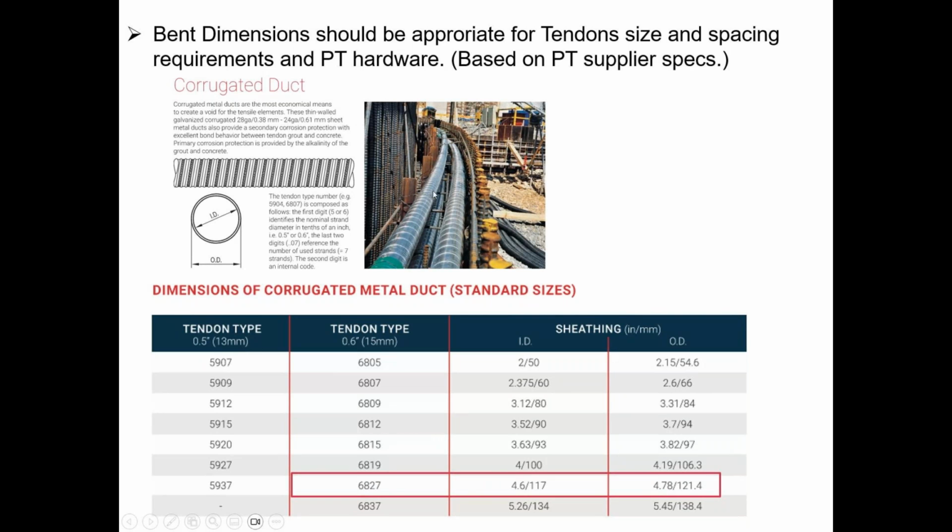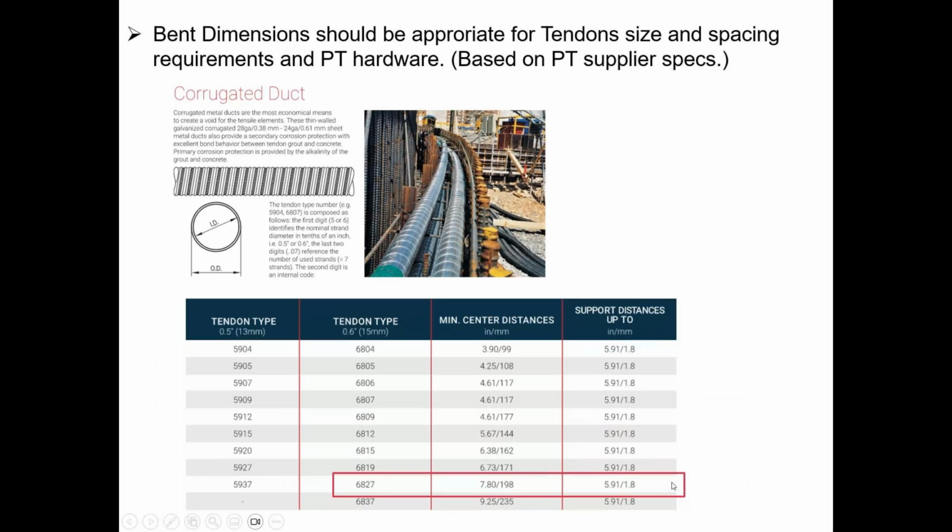And basically, when you grout those tendons later to fill in the void between the sheathing and the duct, you want to make sure that you have something that can provide a strong bond between the sheathing and the duct. So you want to review for this size of tendons what the inner diameter and the outer diameter are for those sheathings, and also what the requirement is for the minimum center to center distance between those tendons.